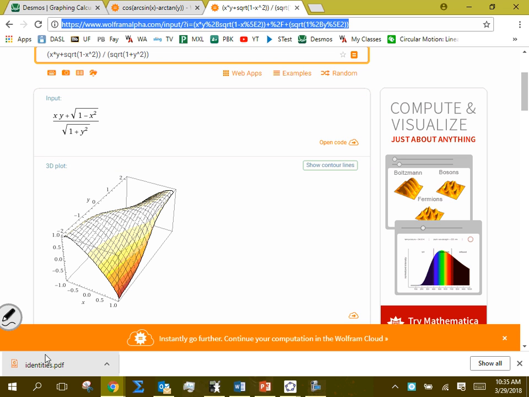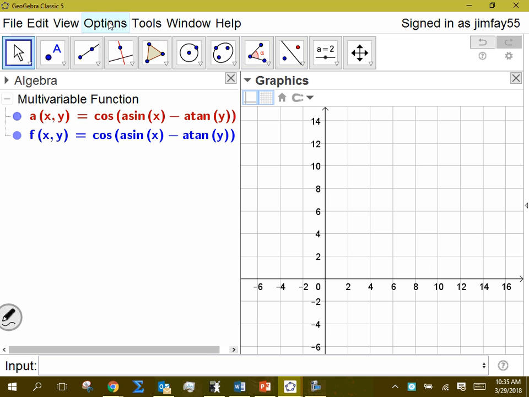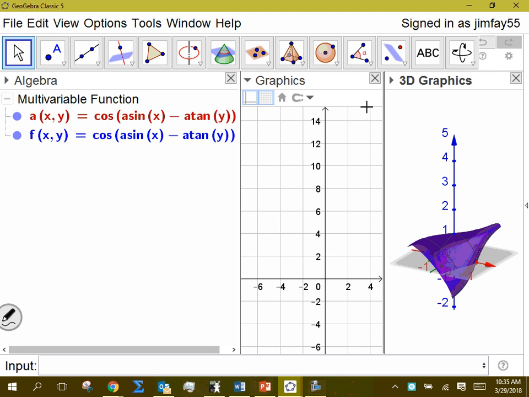But obviously the TI-84 is not going to graph this for you. I was even having trouble, and maybe, I'm not sure if this will, I'm having trouble with GeoGebra, there it is.